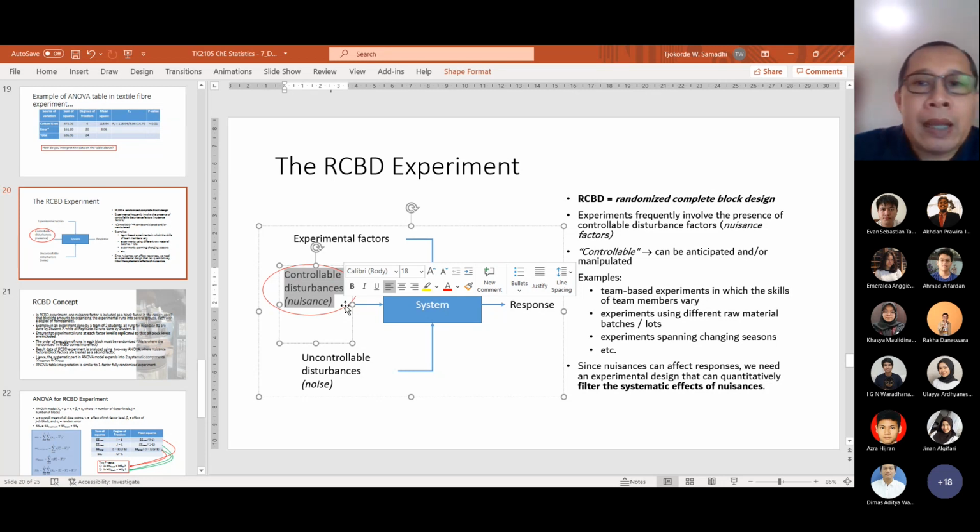Because you are not your partner, there will be some variations between how you and your partner do your work, right? And that may also impact the measurement results. So there will be variations between partner A and partner B when you do your experiment, and that in itself is a nuisance variable.